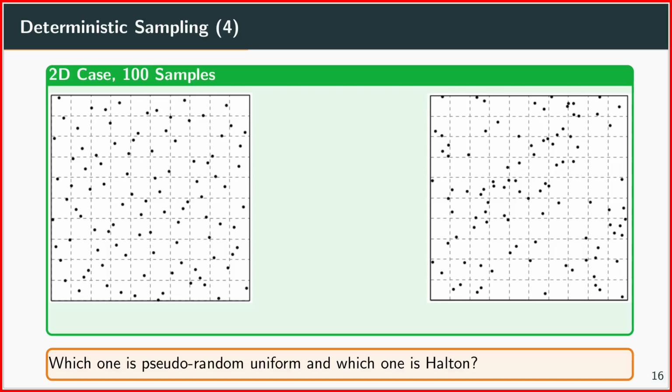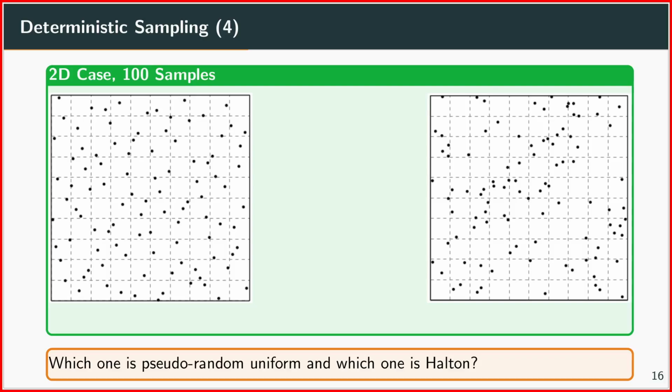Okay, and here is a small example of how this could look like on a 2D grid. And the question for you is, which one is actually the pseudo-random uniform sampler and which one is this Halton, this deterministic sequence?